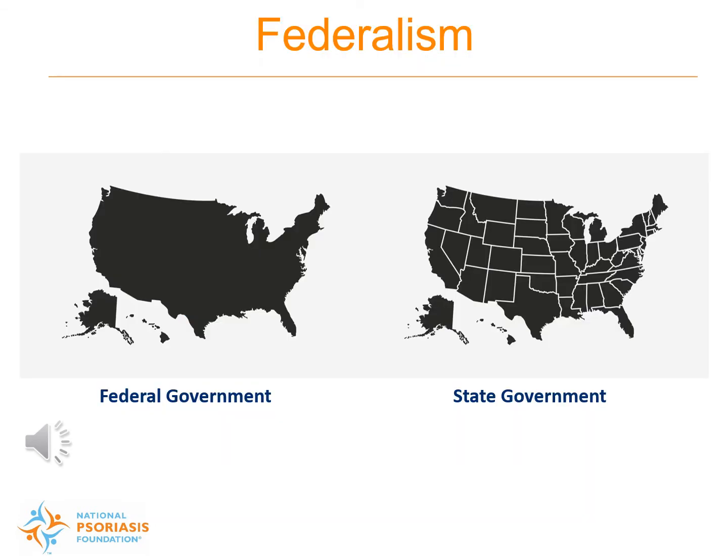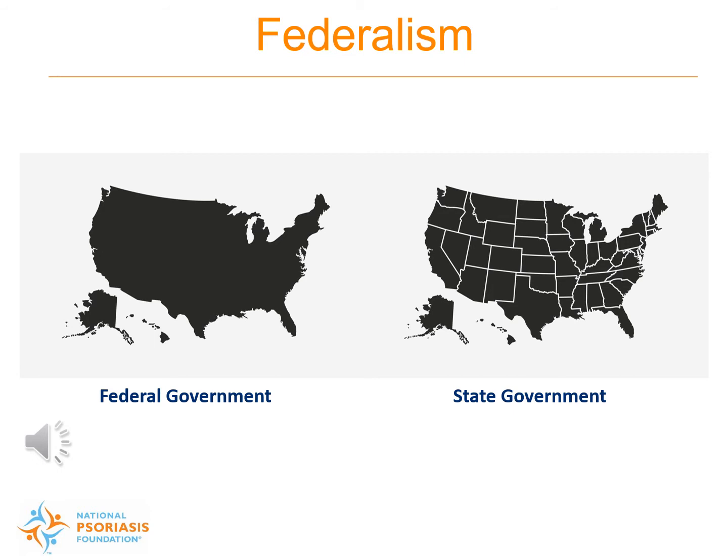This leads to a discussion of federalism, the differences between the state government and the federal government. Federalism refers to how the United States divides governmental power. Some powers are exclusive to the federal government and apply to the nation as a whole.